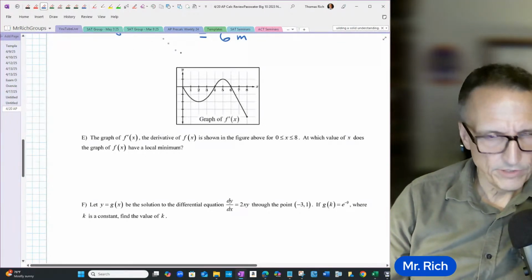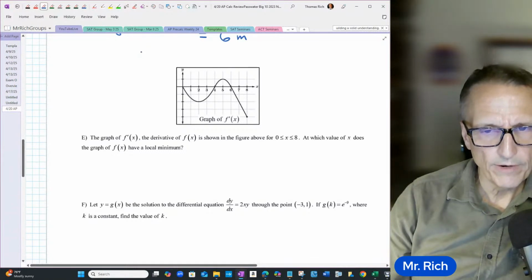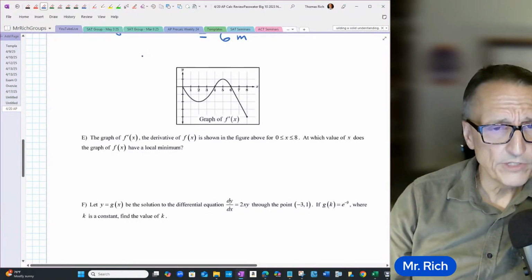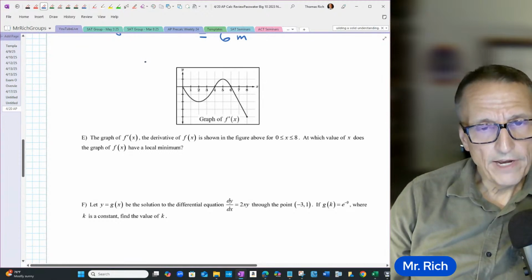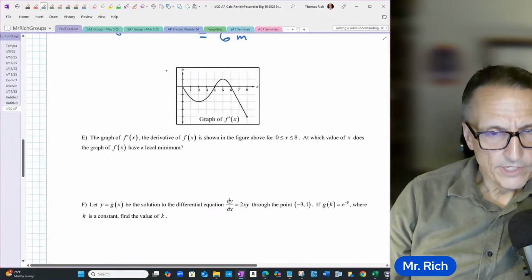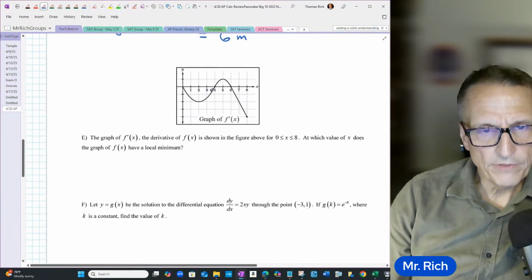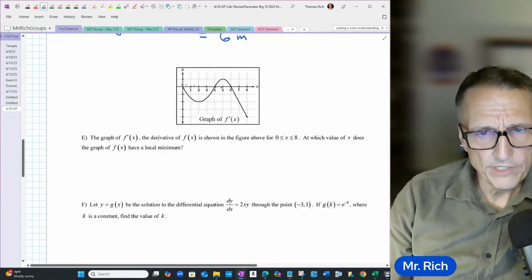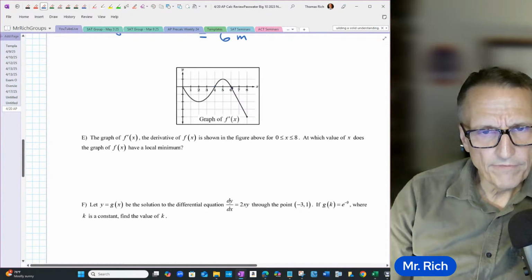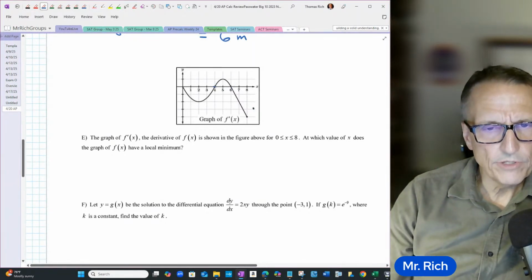Those critical values are the points where the derivative is 0 or undefined over its domain. The critical values here on the open interval between 0 and 8 are going to be here at 4 and 6. So I have relative extremes at those two.